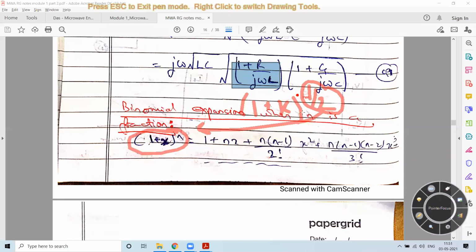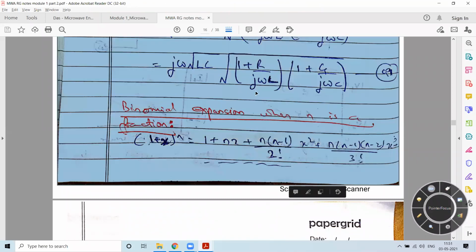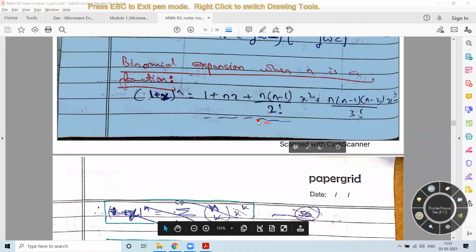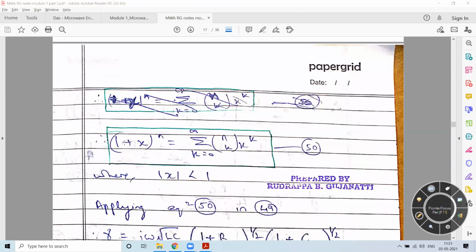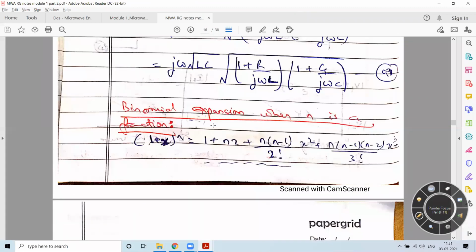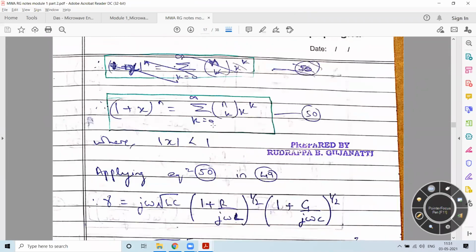The power is fractional, let x be anything. So just rectify that point. I'll be applying this binomial expansion to the above parameter, and we'll be checking how we go ahead with this case.